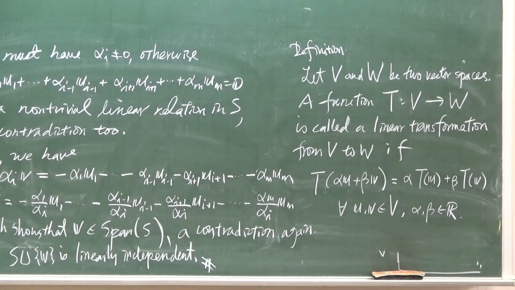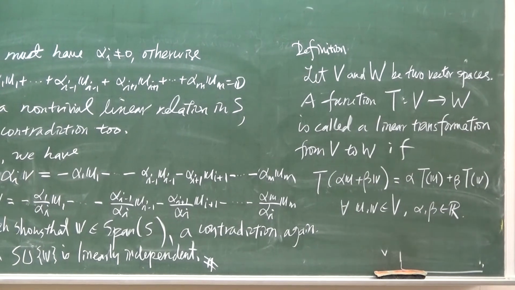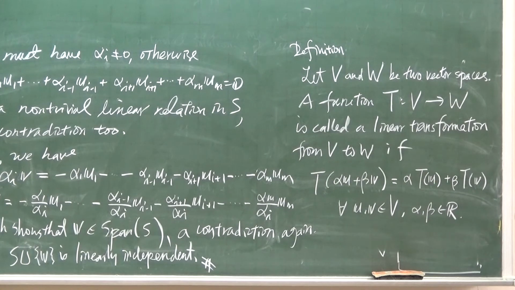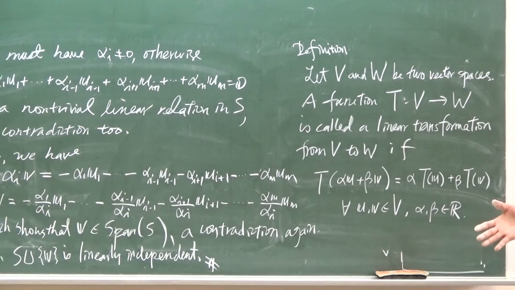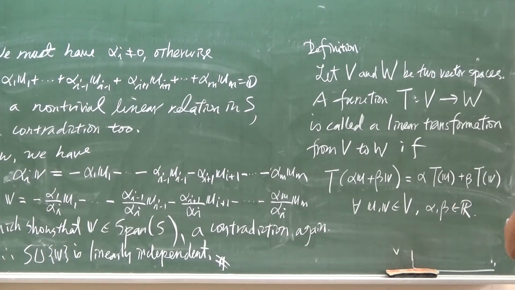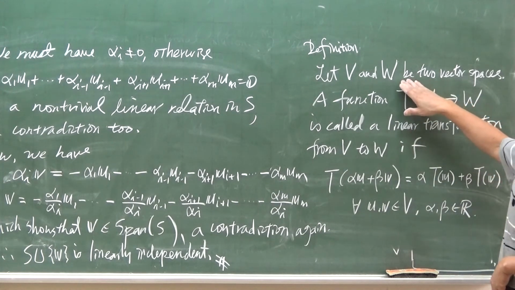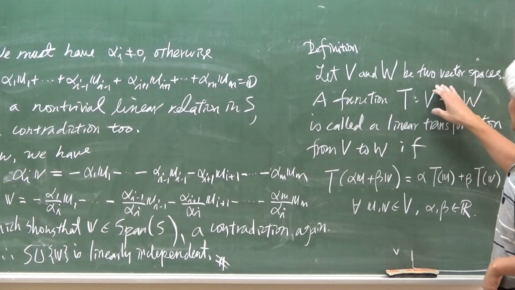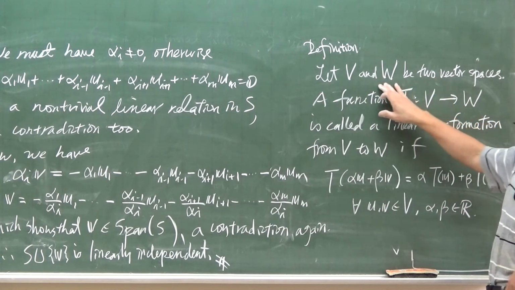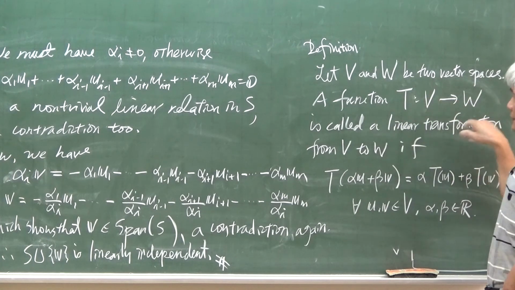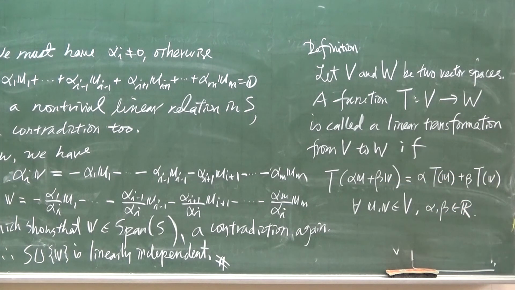Okay. So this is simply a generalization of linear transformation from Rn to Rm, right? This is because before we just considered linear transformations among Euclidean spaces. But now the same concept can be extended to arbitrary vector spaces. So same situation here.